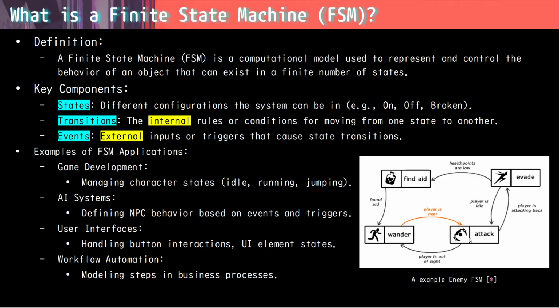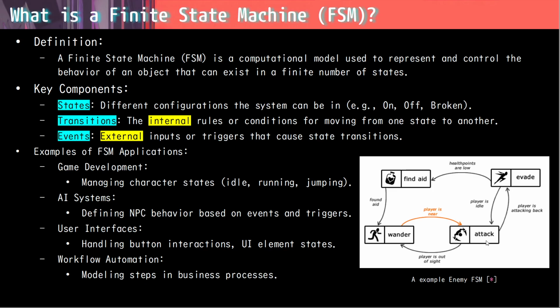But when the enemy is attacking and something happens, he will drop his attack stance and roll back to the wandering mode. What would the event, what would the condition be? Let's take a look over here.